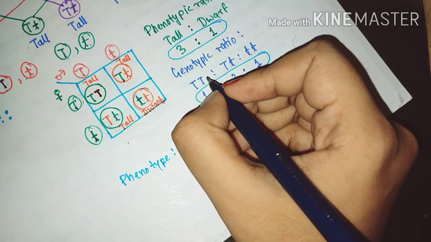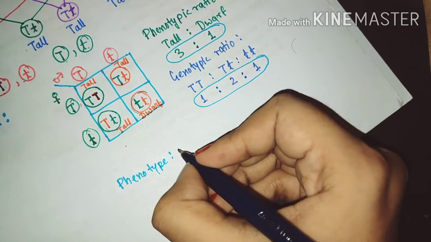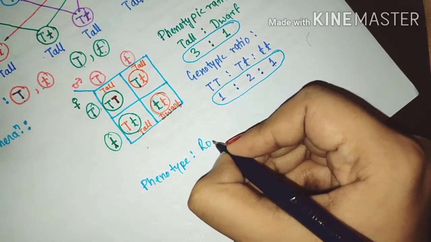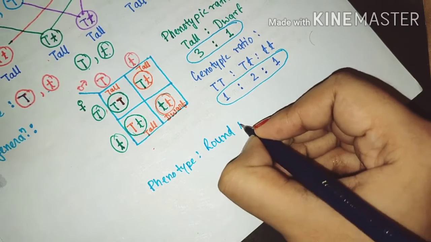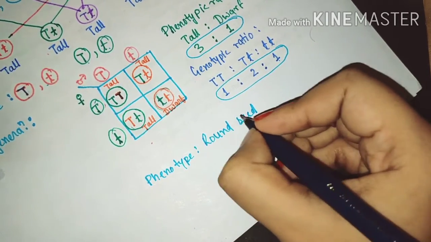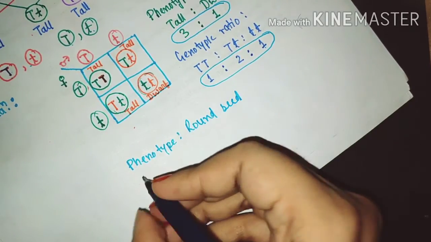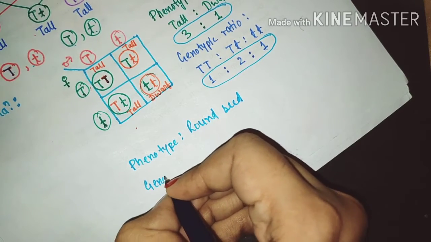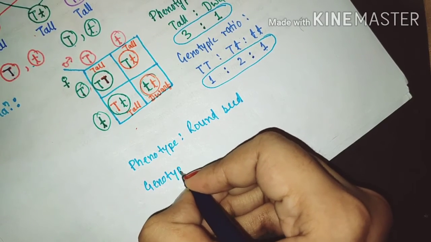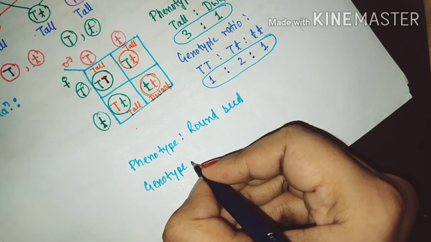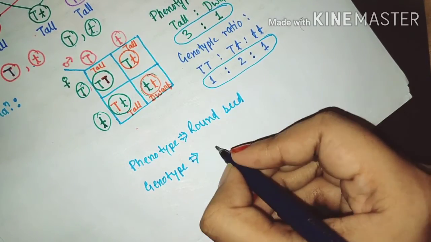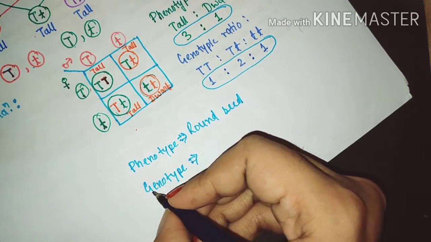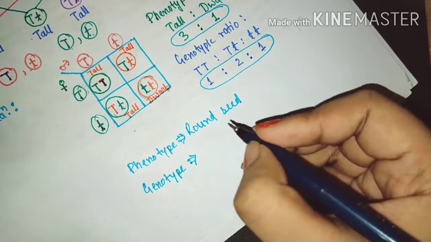Suppose for the pea plant, the phenotype is given that the seed is round. So how will you represent its gene? The representation of the gene of that character, how you represent that character in genetics using alphabets, is termed as the genotype.